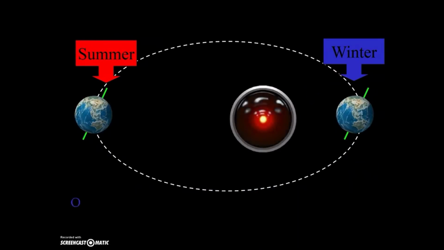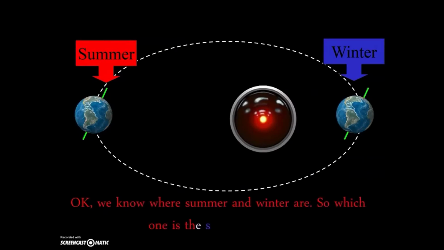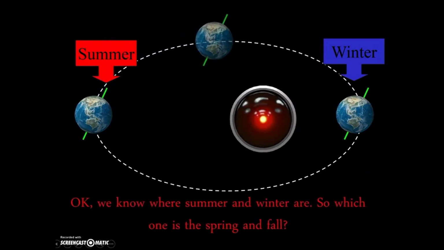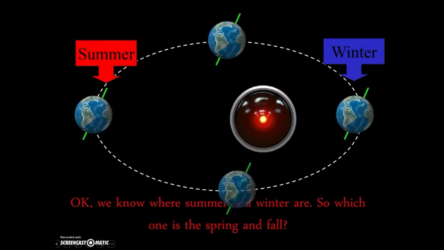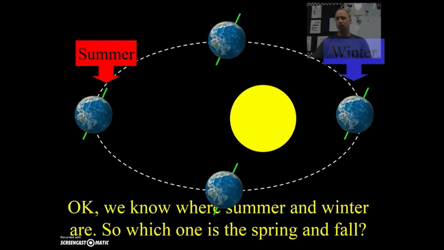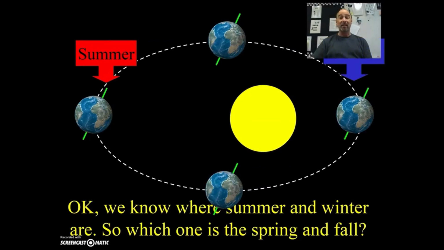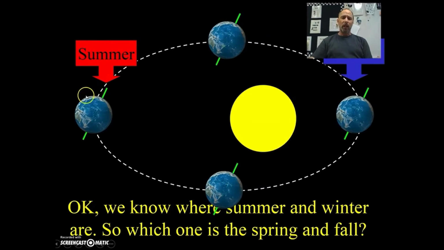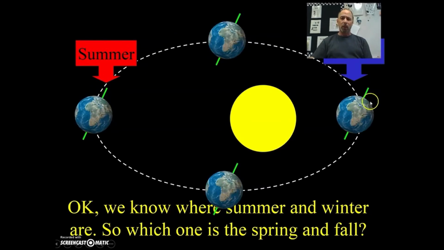Okay, we know where the summer and winter are. So which one of these is the spring and the fall? I think Hal has the hiccups. Okay, summer's here, winter's here.